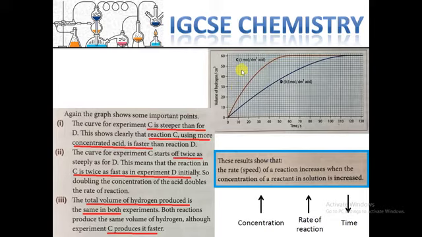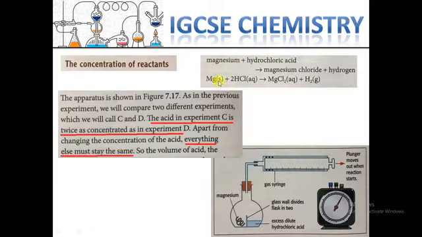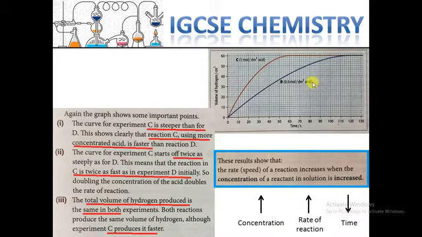Here is the result. Based on the graph you can see at the top right, at the bottom of this graph we have time passing, and on the left side we have the volume of hydrogen, because this reaction will release hydrogen gas, so we need to measure the hydrogen gas.